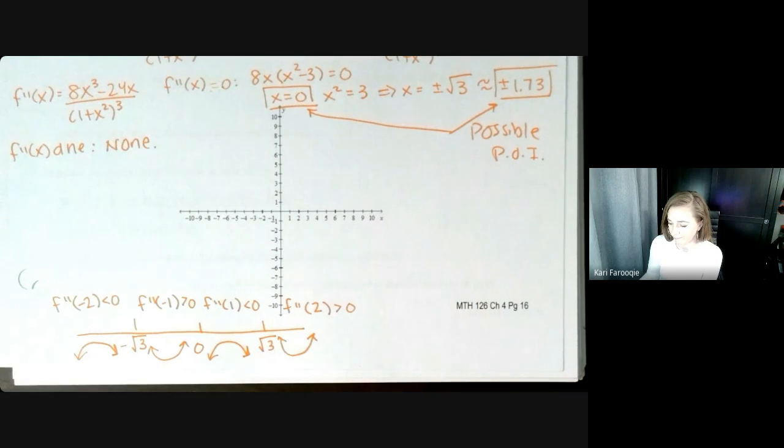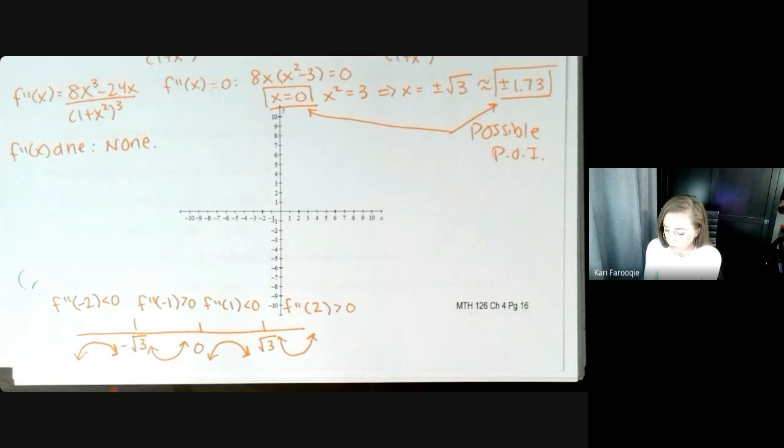Again, if you want to write these out in intervals, that's absolutely fine. I kind of think we need to just write out the points of inflection now that we know they are points of inflection. So on your exam, when you have points of inflection, I'm going to ask you to write them as ordered pairs.